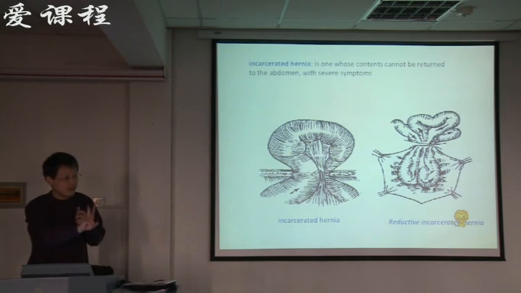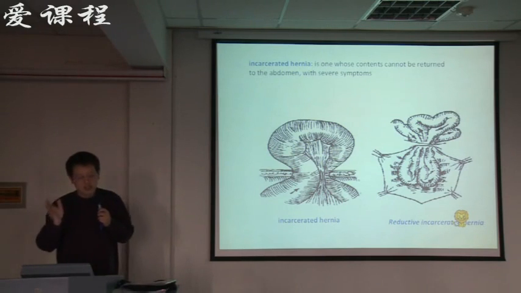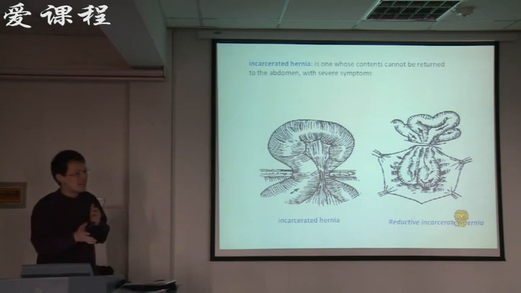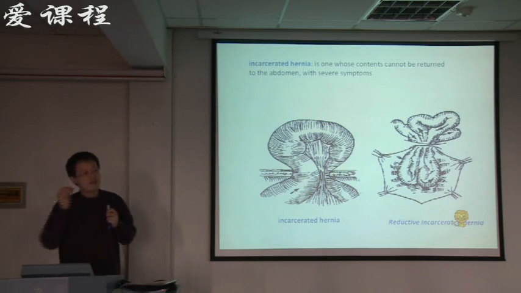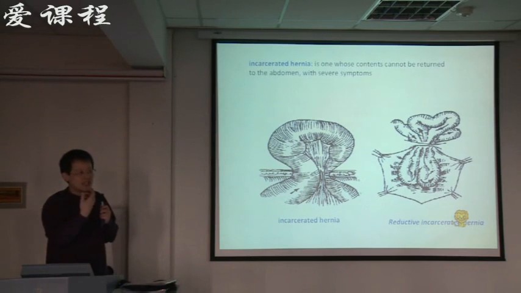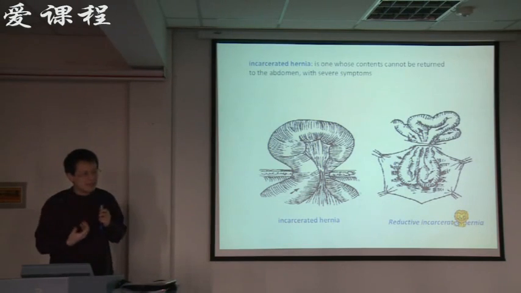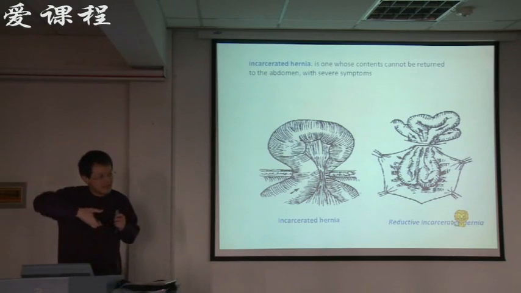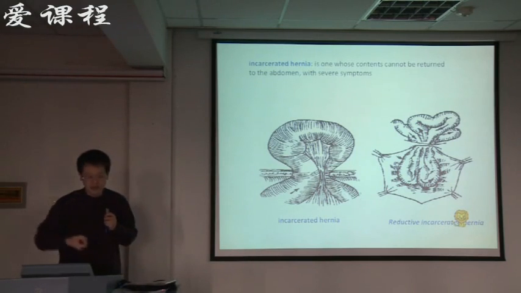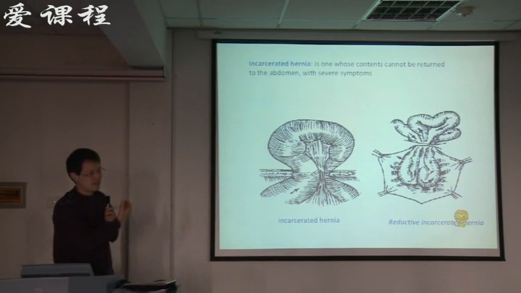So these two things are very important. If the contents only cannot go back to the abdomen, we call this an irreducible hernia. It does not cause symptoms. But when they go out abruptly, cannot go back, and cause symptoms because it is incarcerated, we call this an incarcerated hernia.